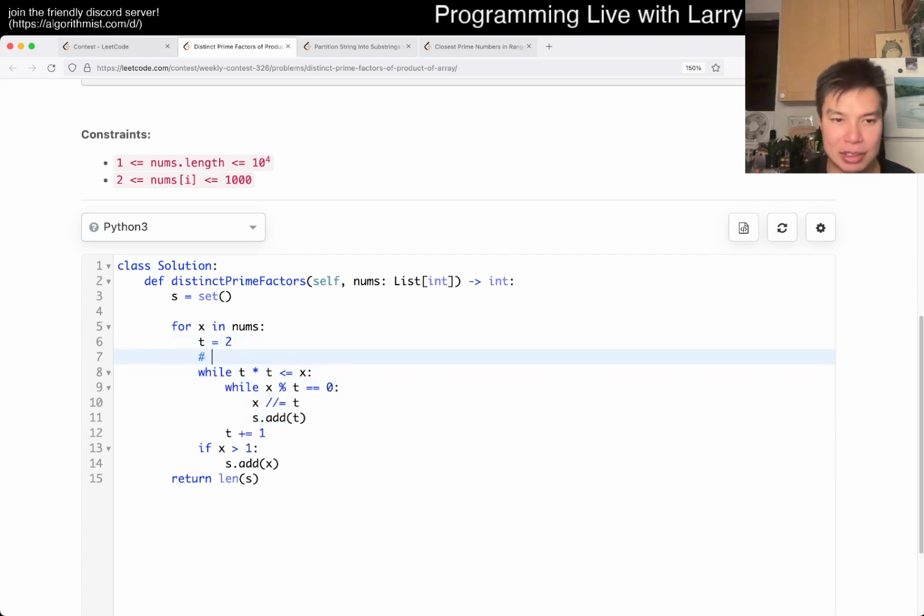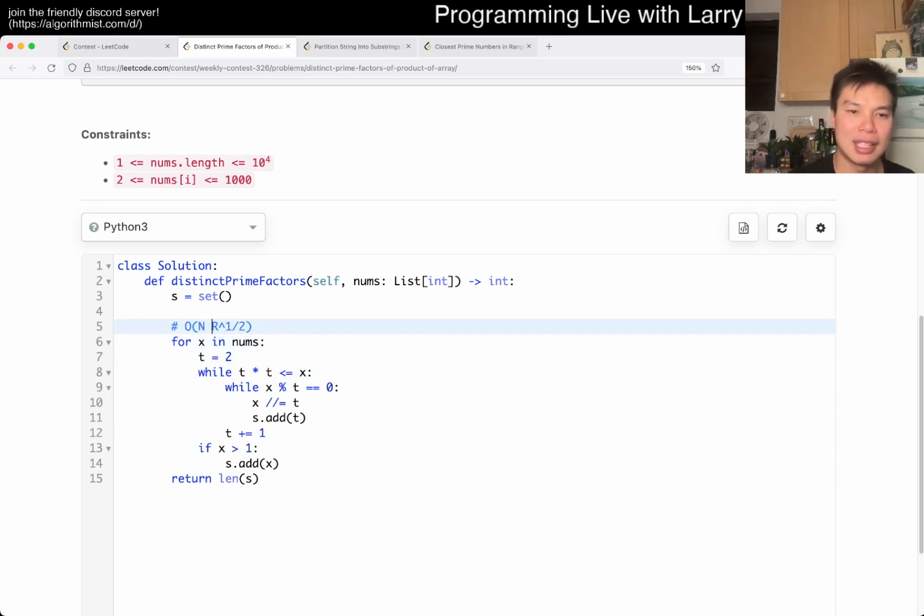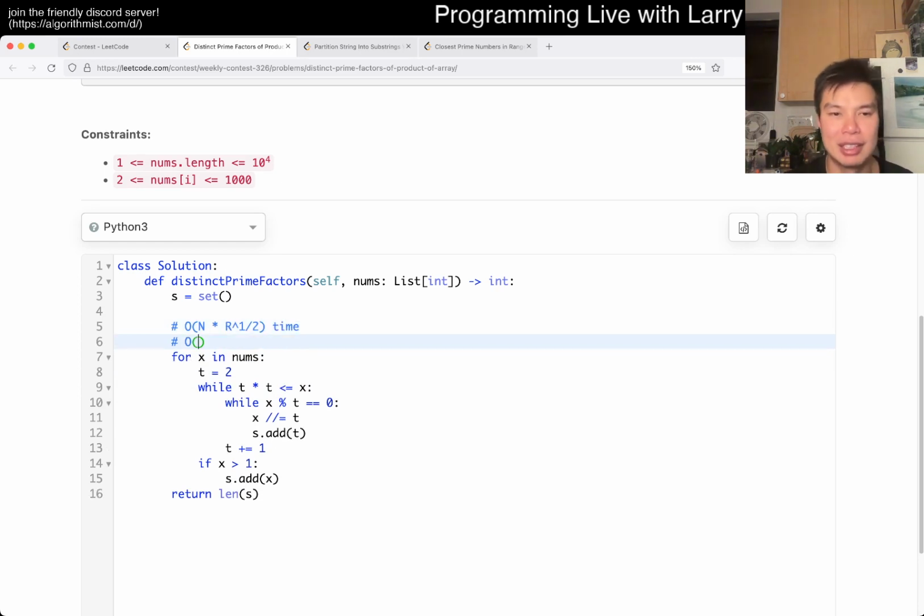So let's say R is the range, then this is O of the square root of R. So the entire thing is going to be n times the square root of R time, and space is just, in a lazy way, O of R. Obviously it's way less than that if you know anything about primes, but it can only contain up to 1,000 numbers in any case, even if you take non-primes and everything. So that's why this is O of R space.